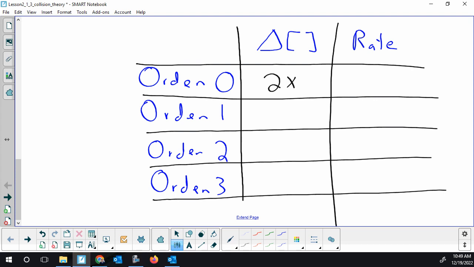So what happens if you 2x or double the concentration? Maybe it was 1 mole per liter and you double it to 2 moles per liter.